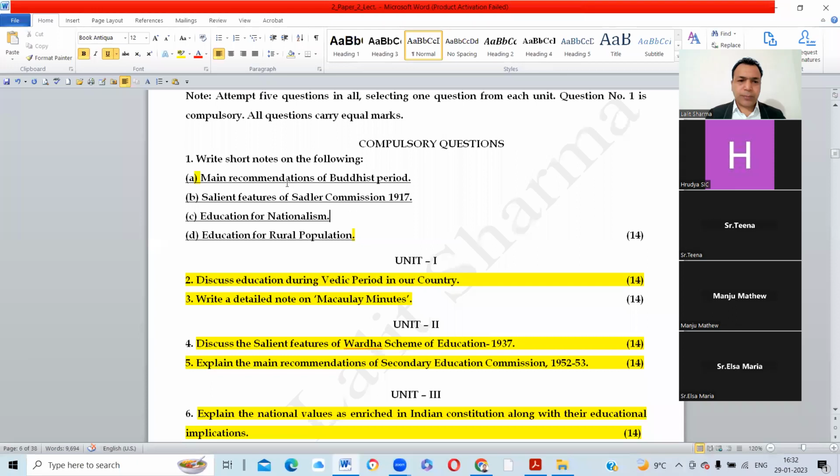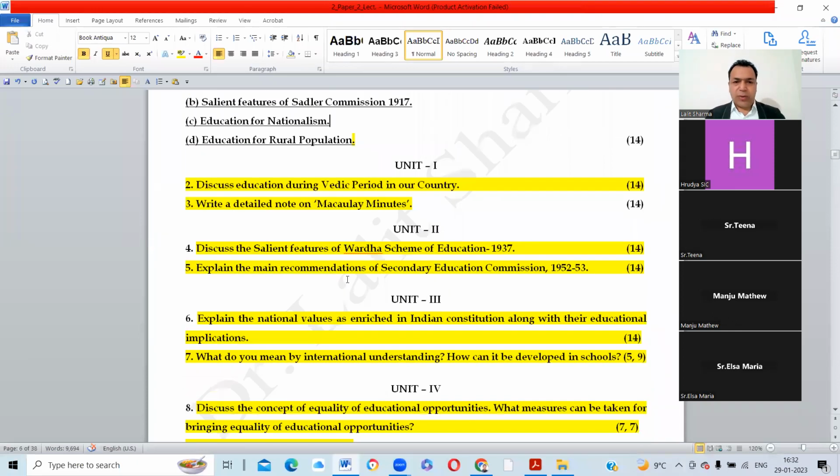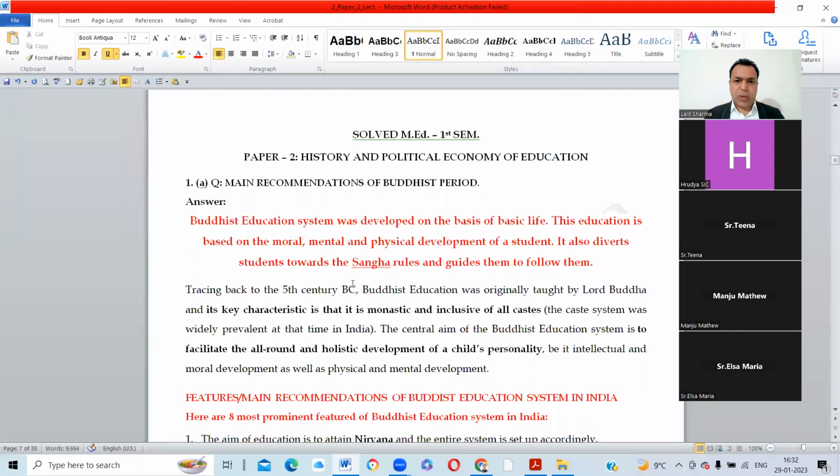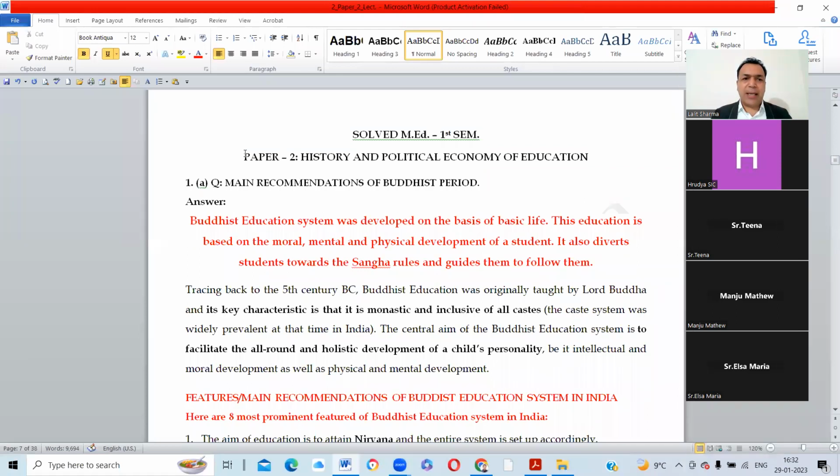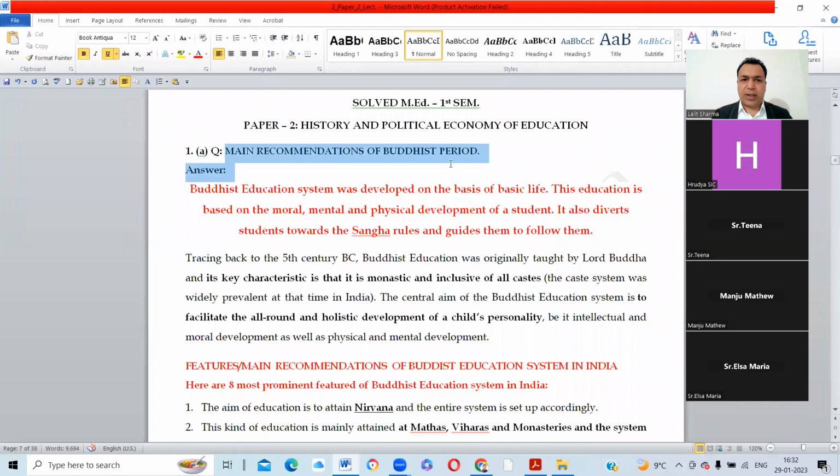I have solved these for you, the important ones. First, write the main recommendations of the Buddhist period. This is a short answer, so you have to fill at least two and a half pages or 2 pages, and a conclusion is a must.